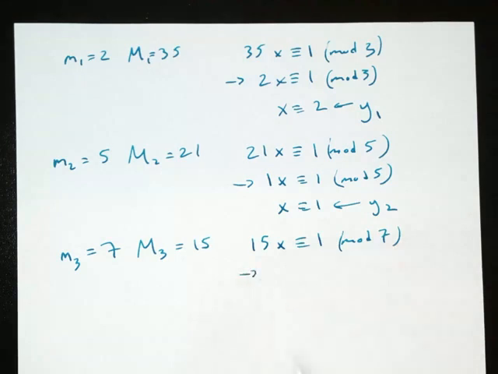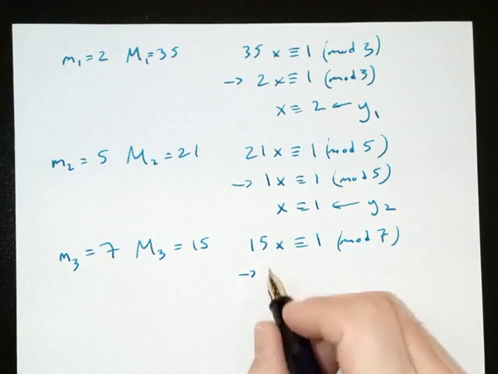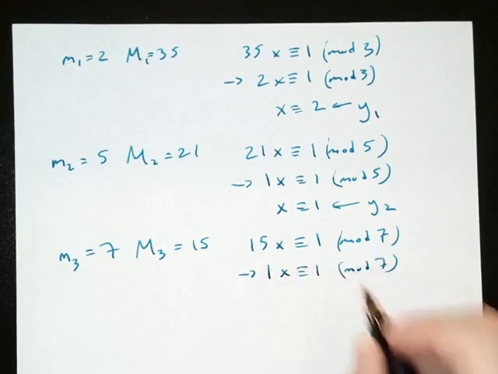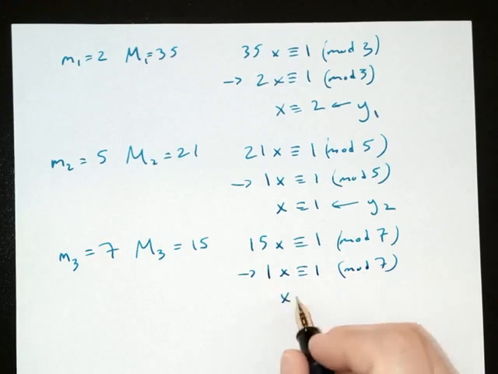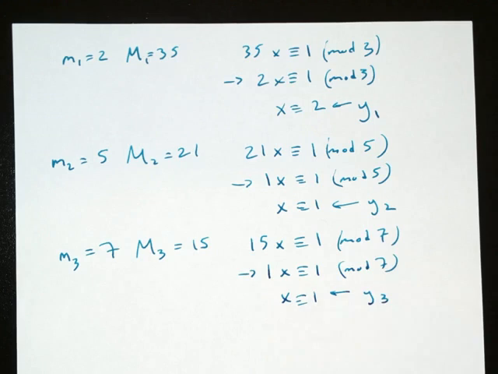But 15 is bigger than 7. So 15 mod 7. What's the remainder when you divide 15 by 7? Which means this reduces, which means x is 1. That's y3.